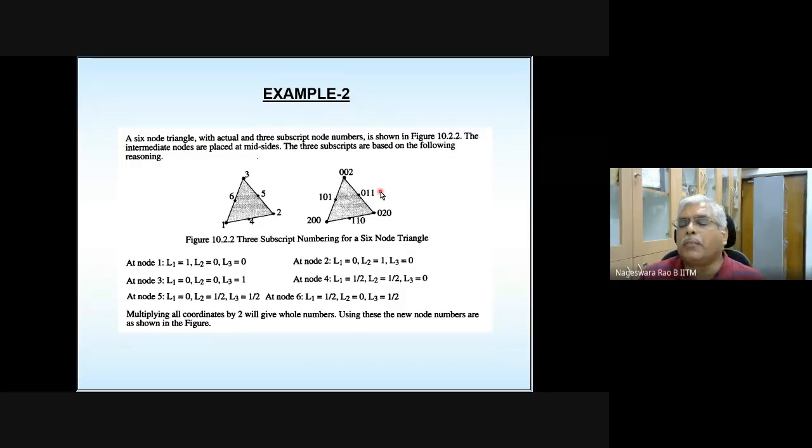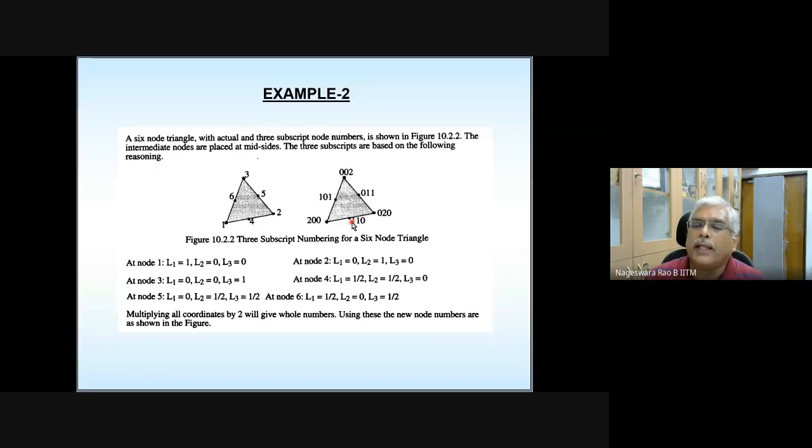So once you get this labeling as it is shown for the second figure, your next step is to apply the formula Nijk. So for node 1, this is the L1, L2, L3 labeling. So the shape function expression for node 1 is N200. And for node 4, it's going to be N110.